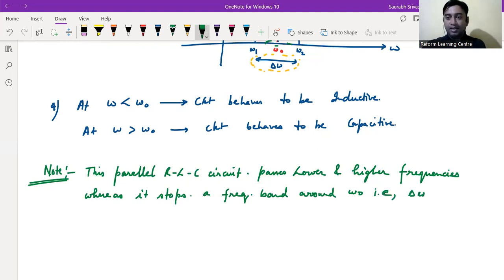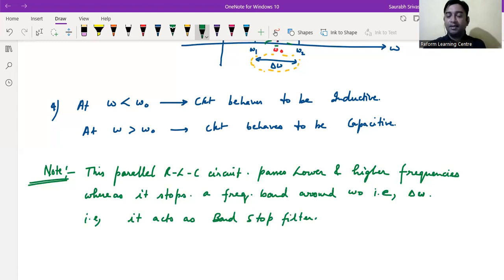Delta omega is the frequency band stopped by this filter. That is, it acts as band stop filter.